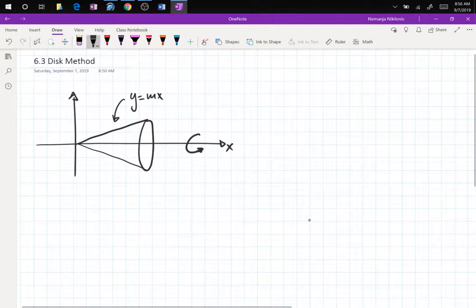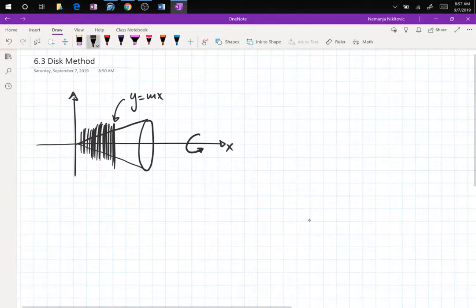When you take a stack of CDs and put them on top of each other, what you get is a cylinder, like a tube. But you can take each individual disk and hold it in your hand, and it's very thin. So that's the idea: we are going to have infinitely many, infinitely thin disks stacked together.